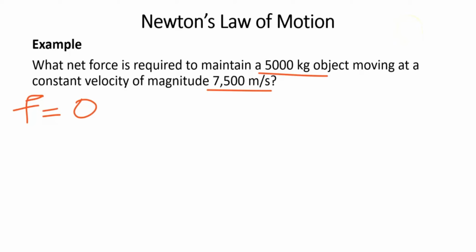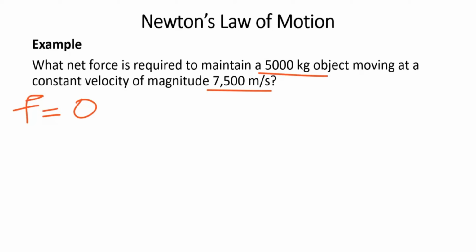If no net force is needed to keep the car moving at a constant speed, why does the driver need to press down on the gas pedal to maintain a constant speed? There's a big difference between a force and a net force.